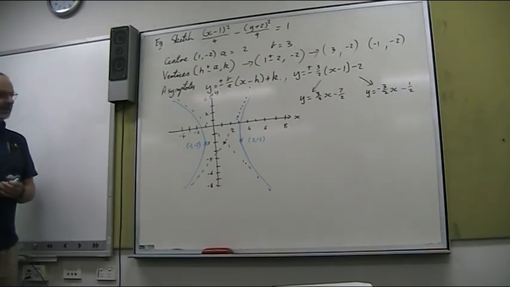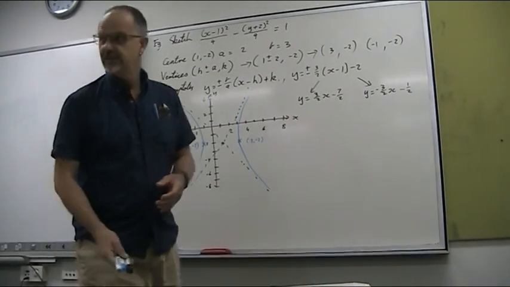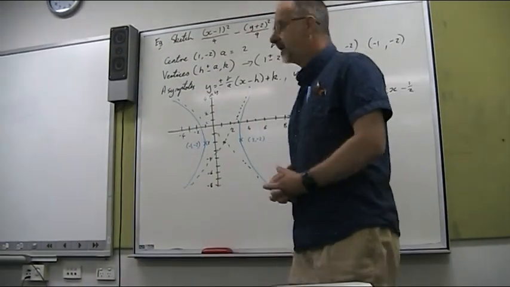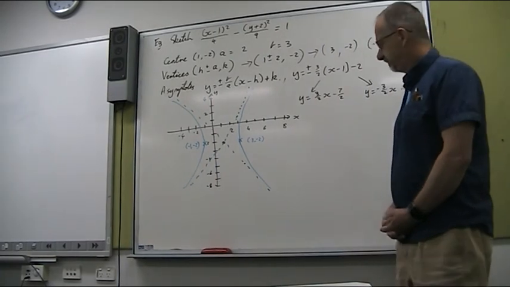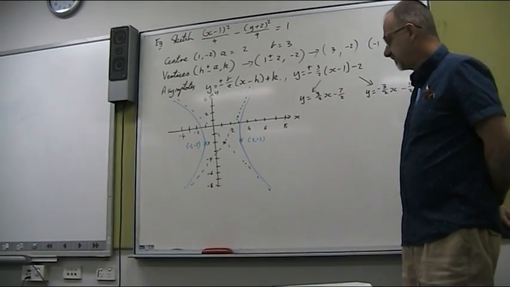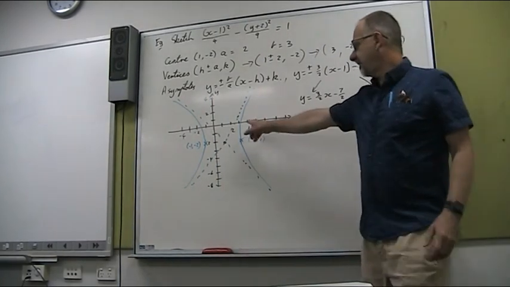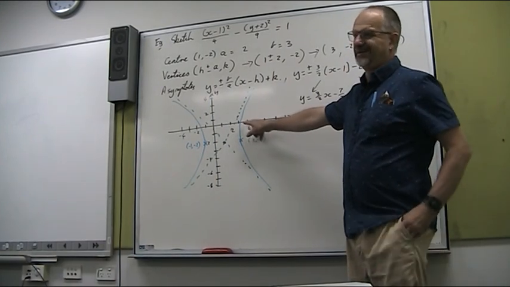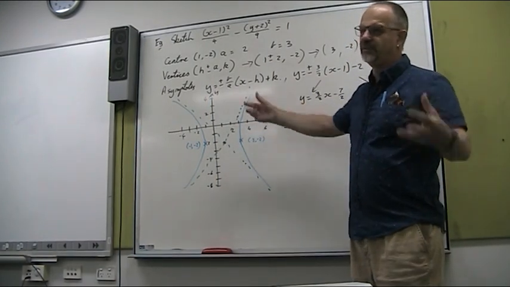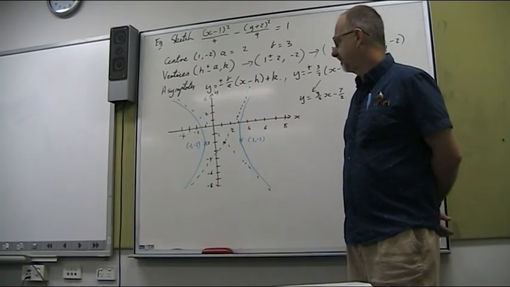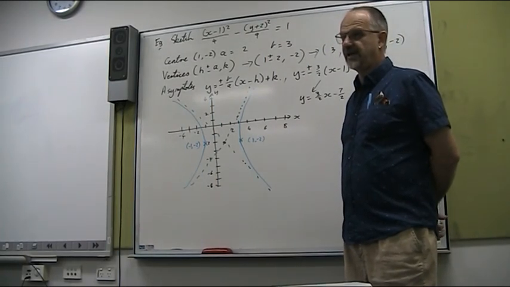All right, anything there that needs clarifying? Yeah, do you have to find the intercepts? If the question asks for it, yeah. But again, they're not going to be nice numbers. They're going to have roots and things like that in them. Yeah, you can find them, I just haven't today.